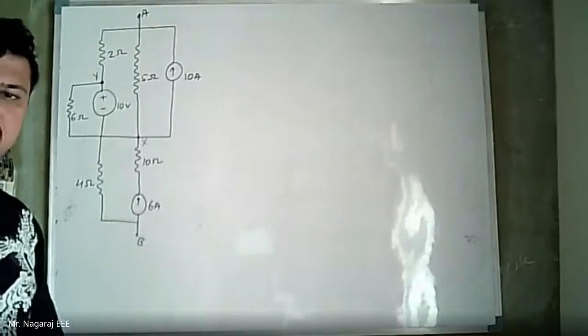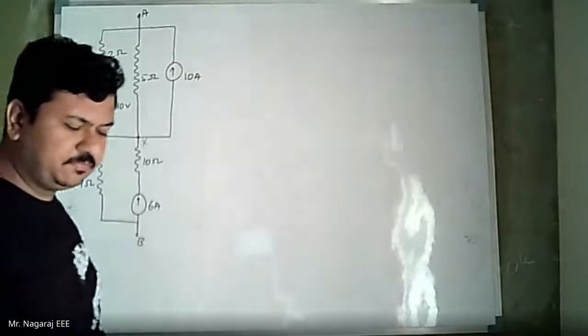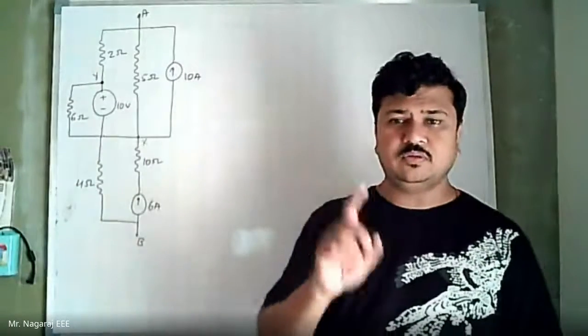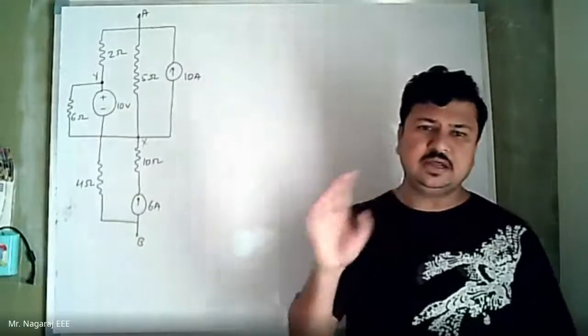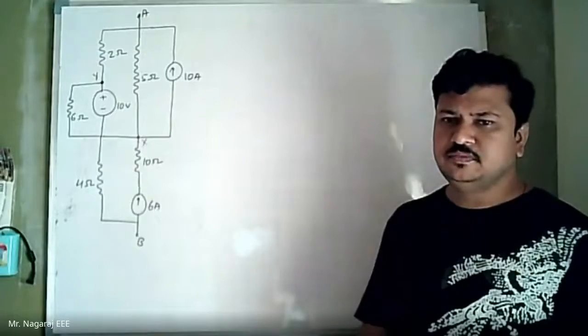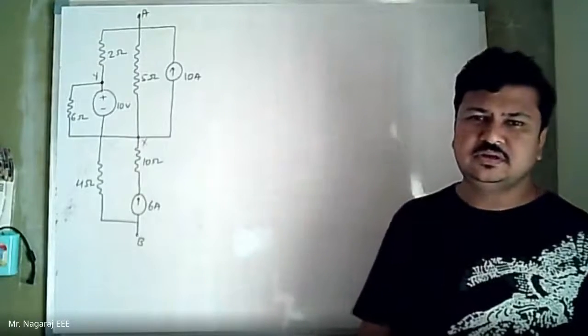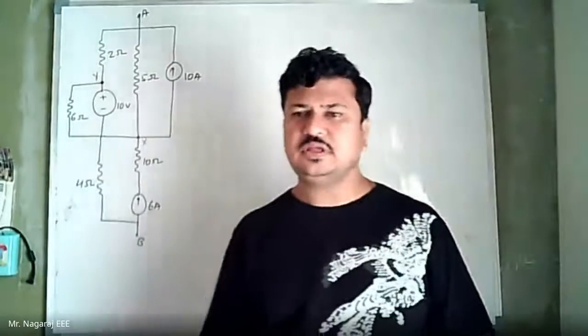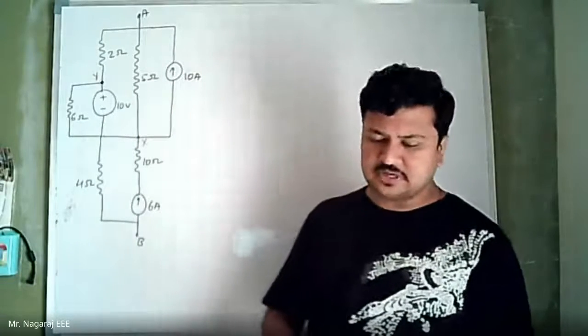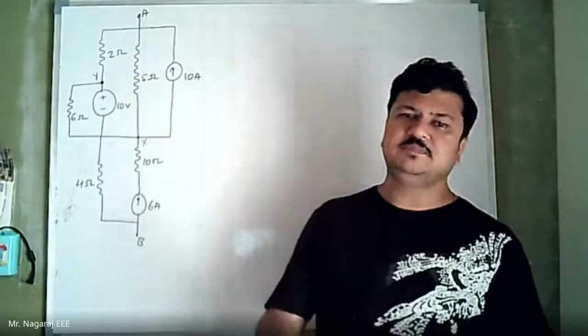What we can understand from this is that any resistance that falls exactly in series with a current source, and any resistance that falls exactly in parallel to a voltage source, can be directly neglected and eliminated from the circuit, because there is no significance of those components in the circuit reduction technique. So my circuit reduction will become simpler.